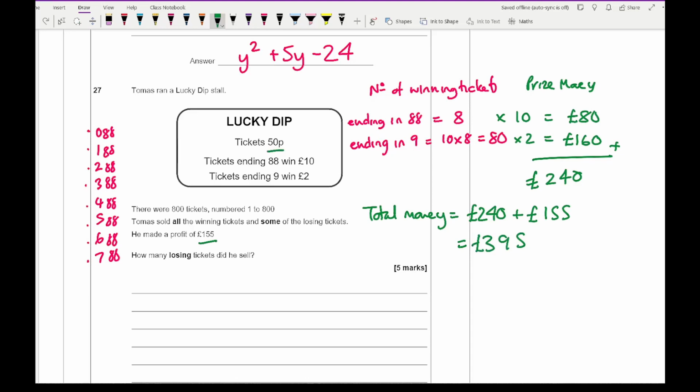Now we know that tickets cost 50p, so the total number of tickets in terms of the money is going to be 395 divided by 0.5, and that comes up to a total of 790 tickets.